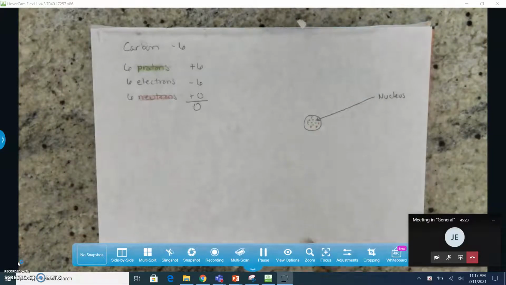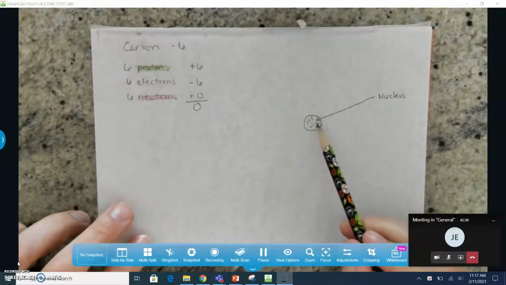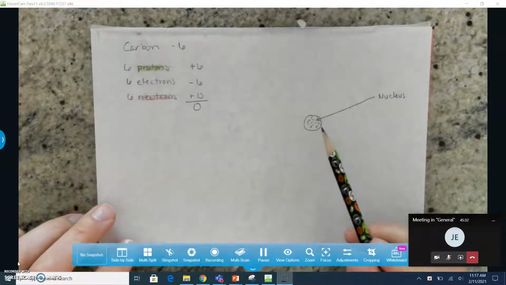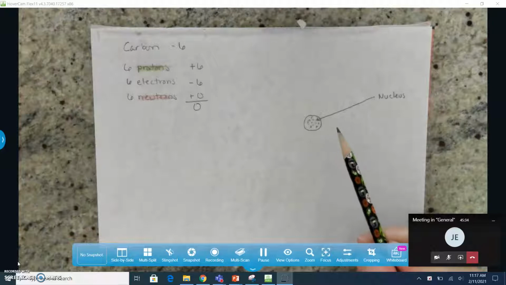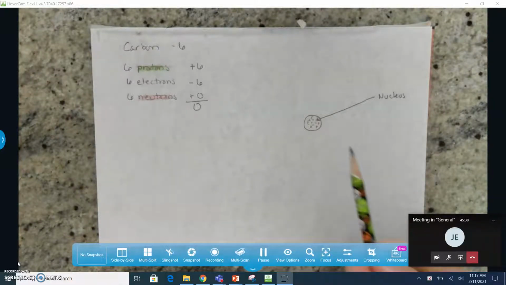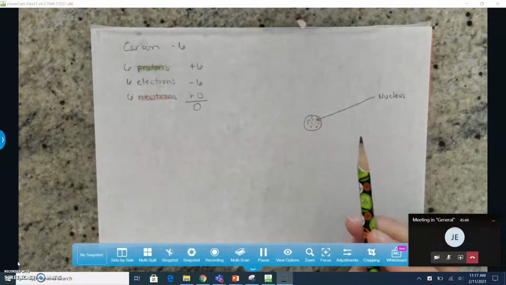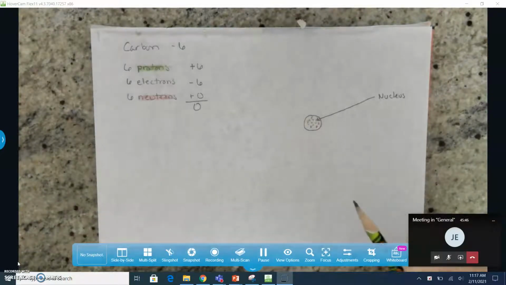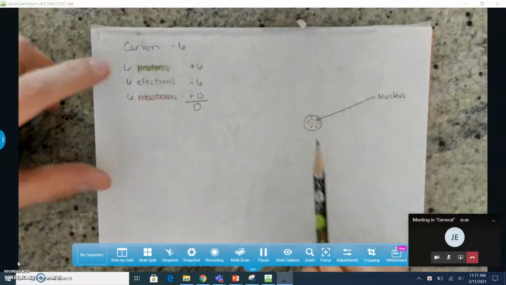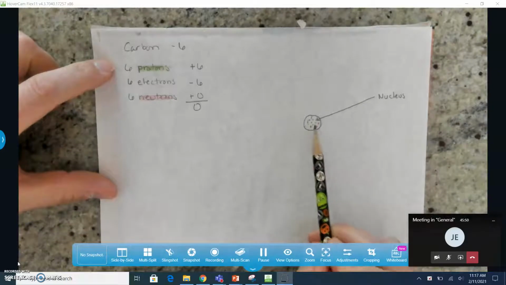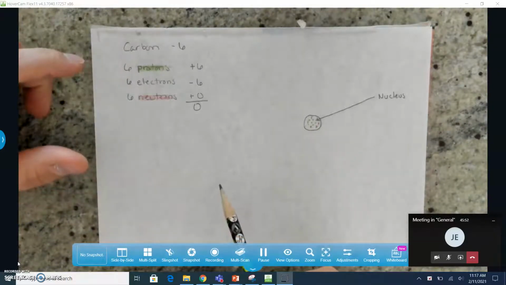Now, we need to look at where these electrons go. The electrons do not go inside the nucleus. Electrons fly at super speeds, ridiculously fast. These are found in what are known as valence shells of atoms. In a model like this one, a valence shell is simply drawn as a ring around the nucleus.